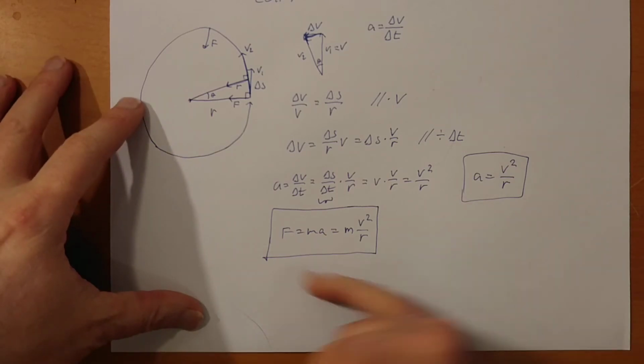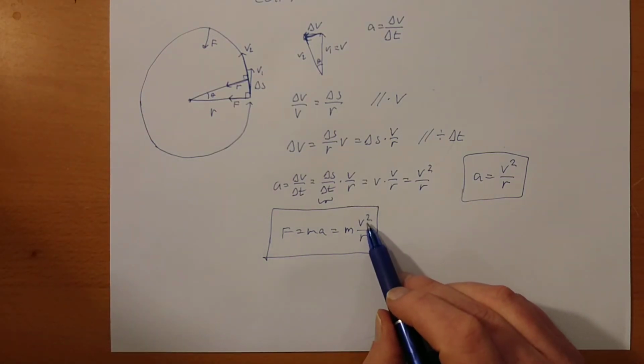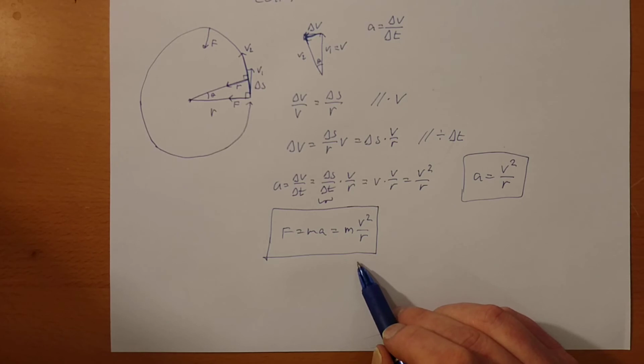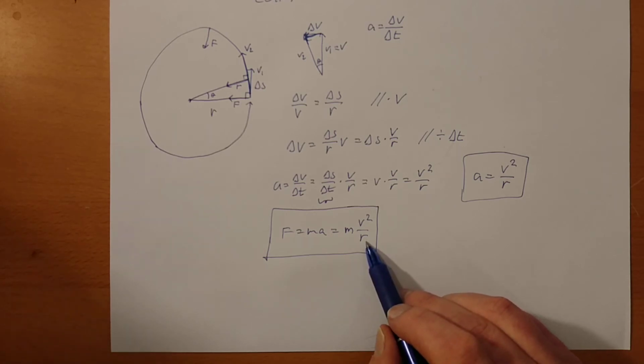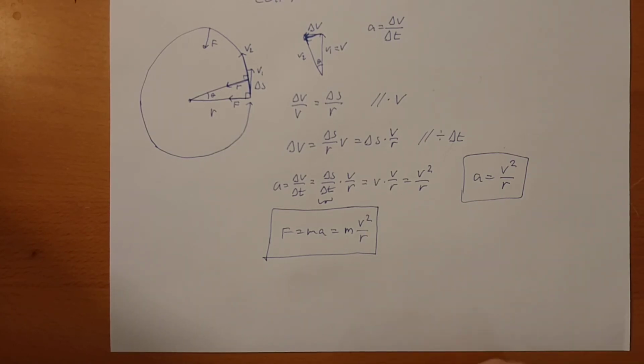So we can see here that the force required to keep you in a circular orbit increases extremely strongly with the velocity. It also depends on the radius. The shorter the radius, the bigger the force, but definitely the velocity is the key thing in how big the force will be.